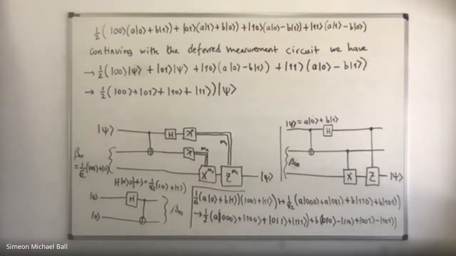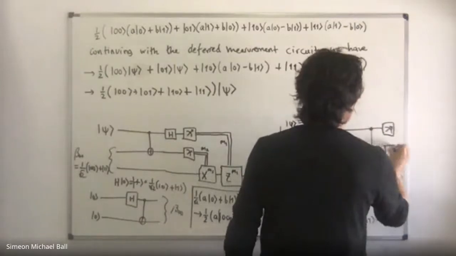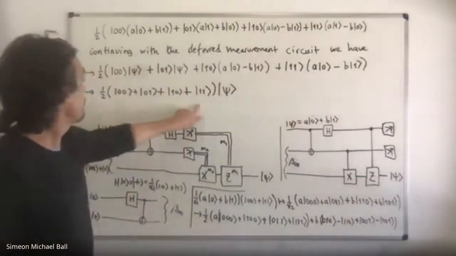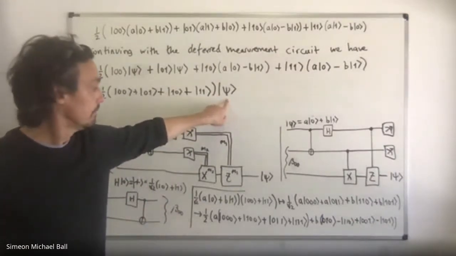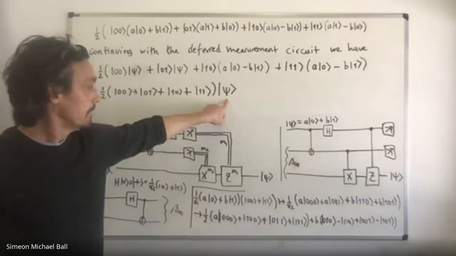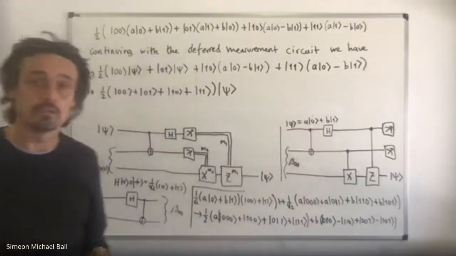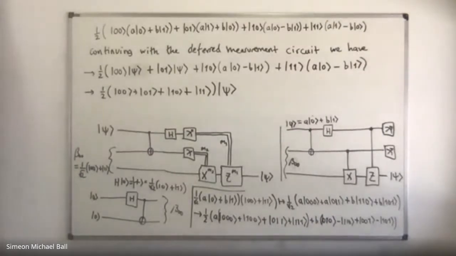So we now put measurements at the end here. Whatever we measure, whichever one we get here, we'll get psi in the third qubit. But of course, we lose the teleportation interpretation in the deferred measurement circuit.